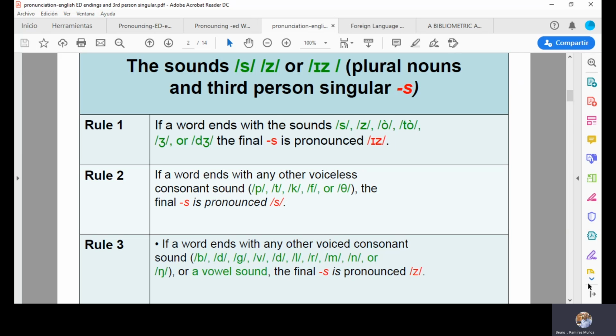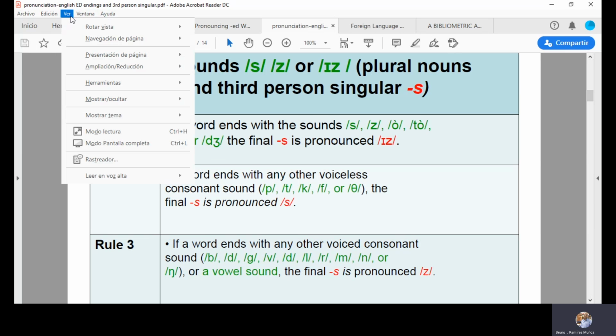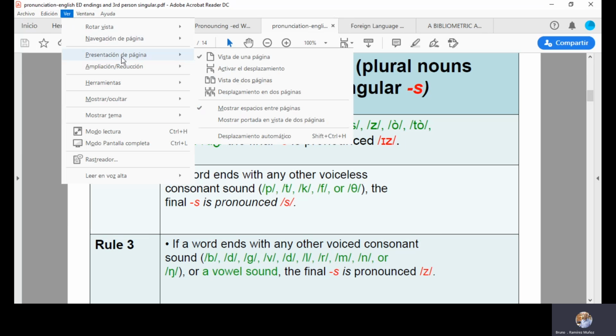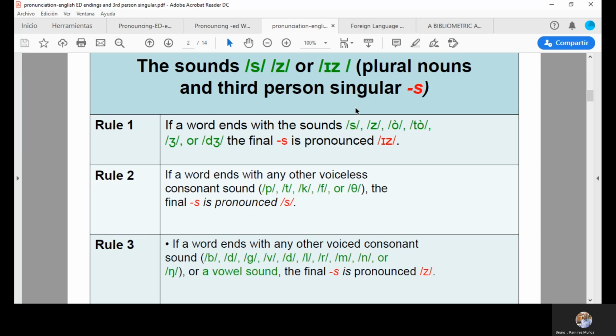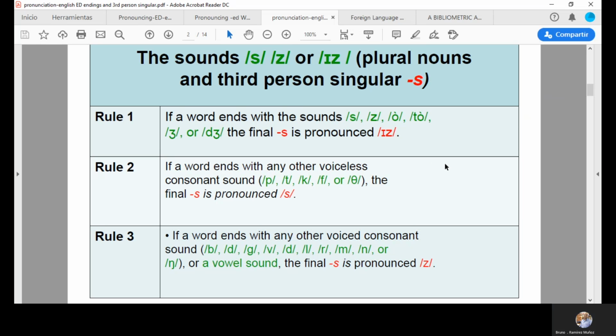Okay, so as you can see here, let me see if I can show you this. Alrighty, so there are basically two big rules.